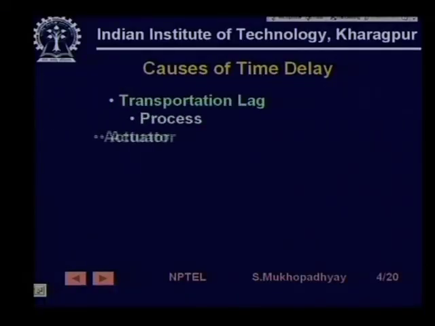So, let us first look at the causes of time delay. The main cause of time delay is transportation lag. This is the most common and prevalent type of cause for time delay, because in the industry material has to be transferred from place to place in the course of operation, and material transfer, flow of liquids, movements, these things take time.